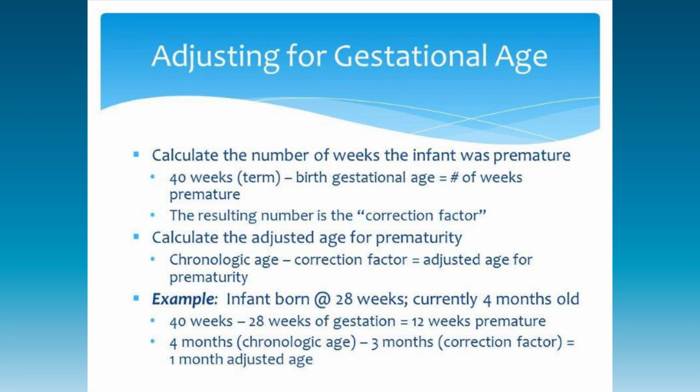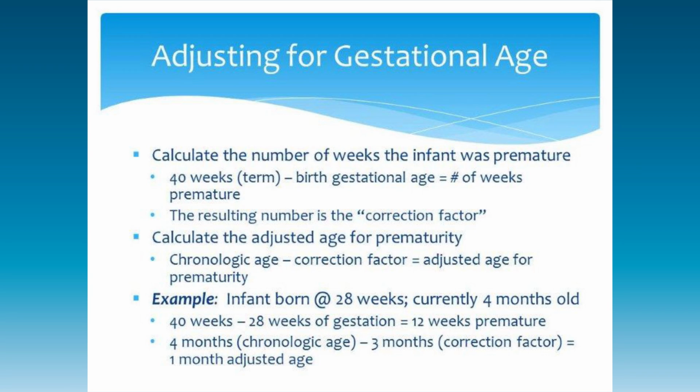Then you're going to calculate the adjusted age for prematurity. You take their chronologic age, how old they are today. Let's say they were born 4 months ago, so they're 4 months old today. Then you subtract that correction factor, that 12 weeks. So 4 months minus 3 months is 1 month.